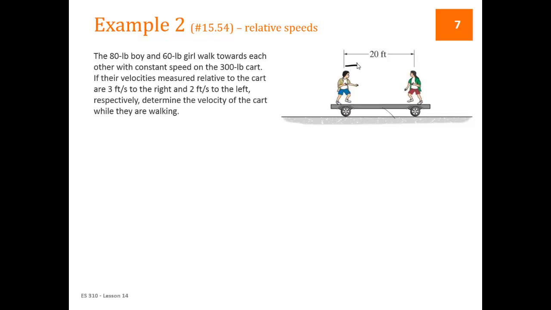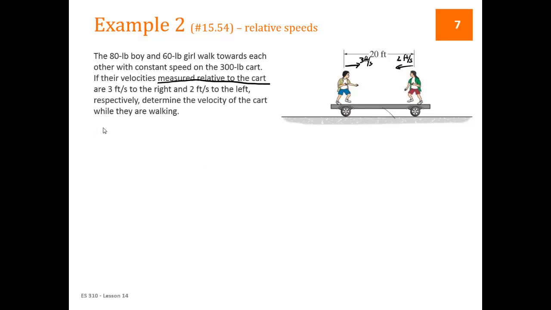The boy is moving at 3 feet per second, and the girl is moving in the opposite direction at 2 feet per second. But those velocities are measured relative to the cart, so these are relative velocities. As they do this, the cart itself is going to start moving to conserve momentum, and we want to figure out the speed of the cart.